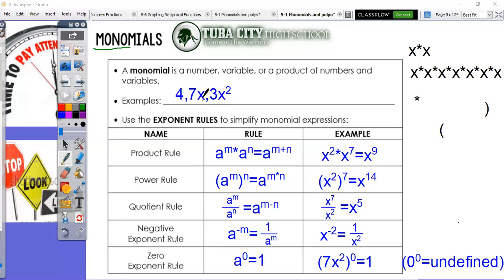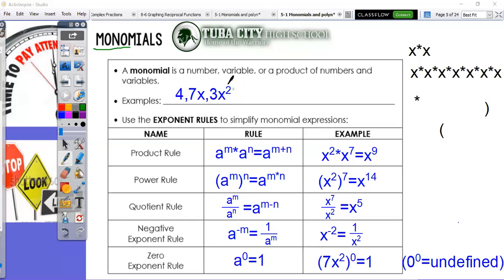And lastly, I have 3x squared. You're looking at this and you might be thinking, well, it's got 3 things in it. We have a number 3, and we have an x, or 2 x's, or an x and a square.